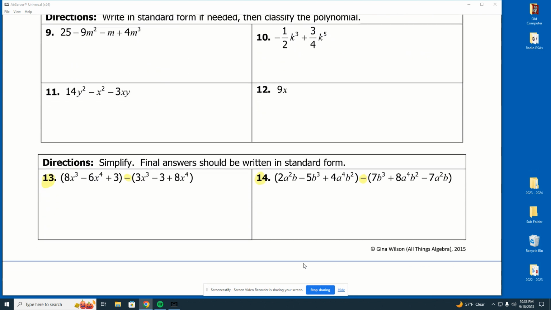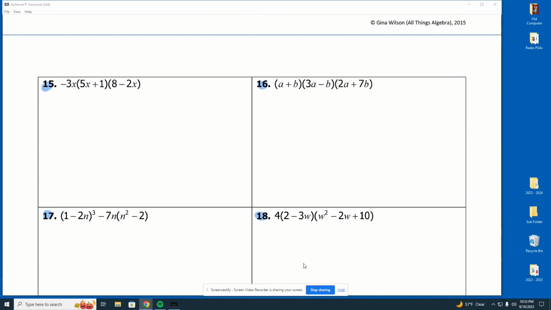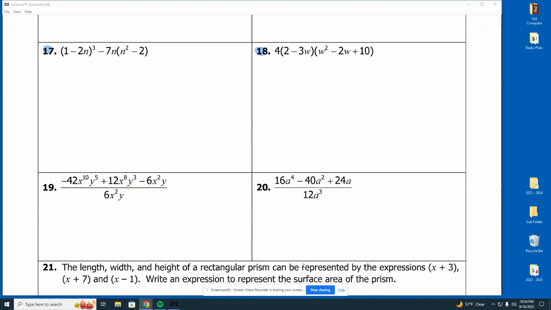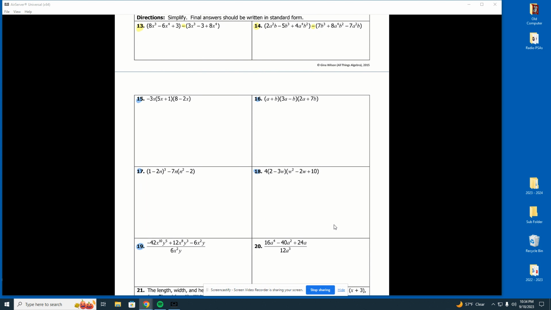So go back to your homework real quick the other way. Your homework is 13, 14, 15, 16, 17, 18, and 19. I don't want you to do number 20 because they didn't work out right and it was more confusing than it was worth. So your homework tonight is 13 through 19, that's 7 problems. Easy as can be. That is what I want you to accomplish tonight.